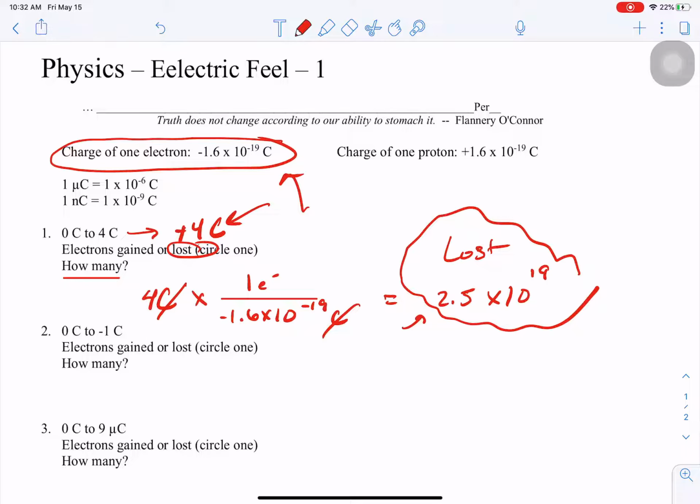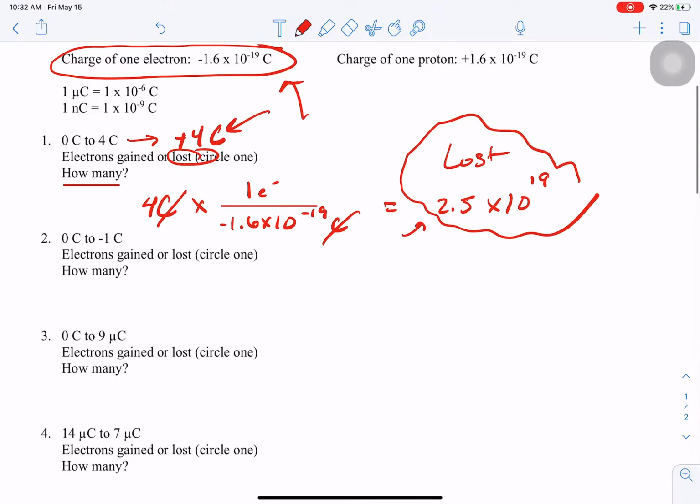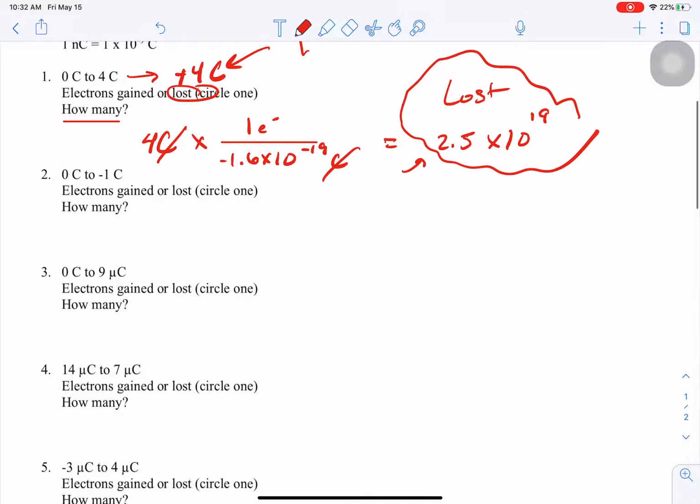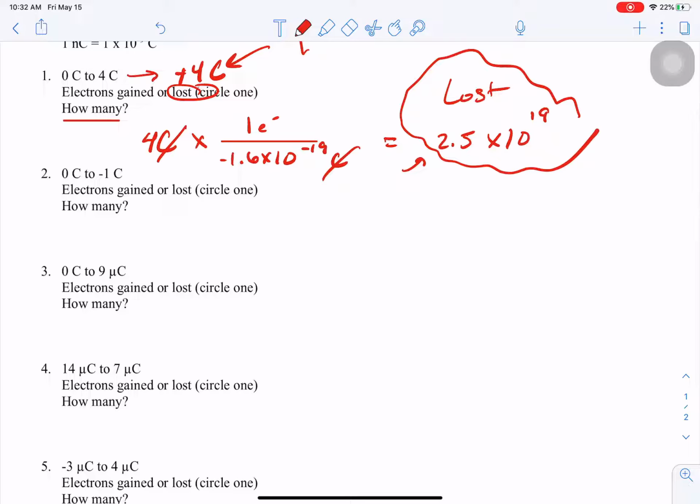Now, let's move to something with micro. Let's do number 3. It moves from a 0 coulomb charge to a 9 microcoulomb charge. Remember, micro means 10 to the negative 6th. So it's moved from 0 coulombs to a 9 times 10 to the negative 6 coulomb charge.